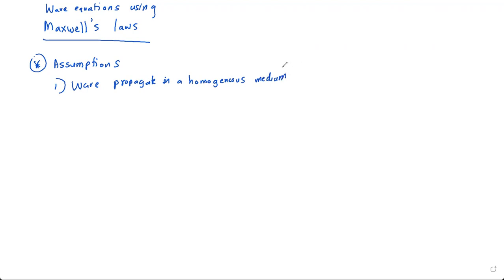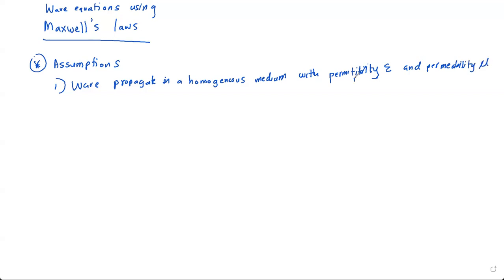Homogeneous medium with a permittivity epsilon and permeability mu.